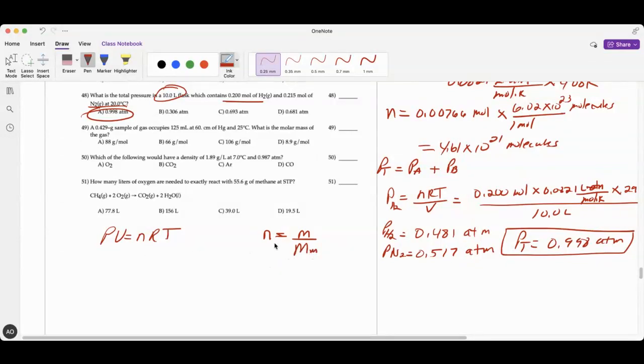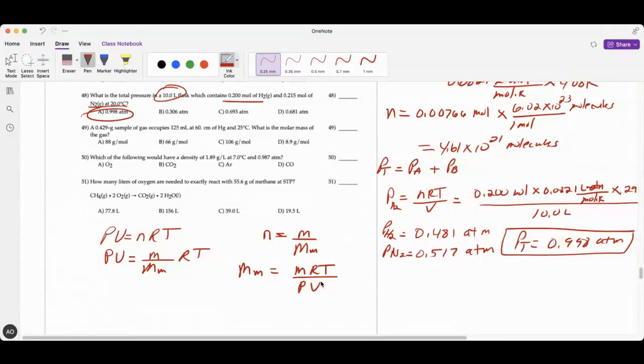I'm going to substitute that in for n. I always have to derive these. I don't remember them. And that's times RT. So the molar mass is equal to the mass times R times T over pressure times volume.